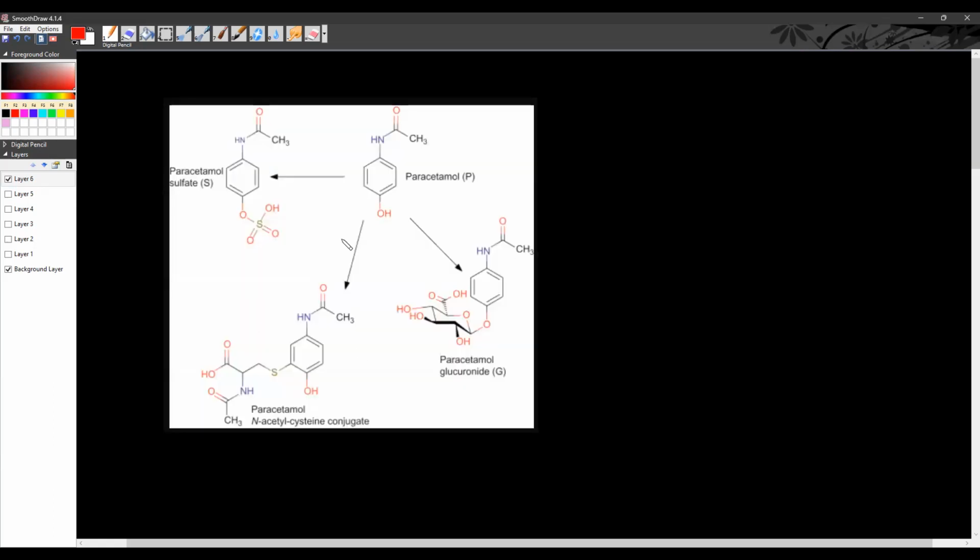So as we can see here with acetaminophen or paracetamol, one of the potential pathways is through glucuronidation. And you can see that we have that glucuronic acid connected here. You can identify glucuronic acid because of all these nice oxygens on it. It's also a 6-membered ring. Here we have glutathione.